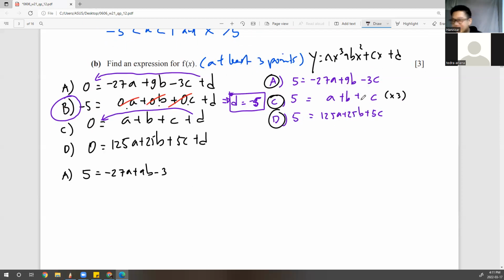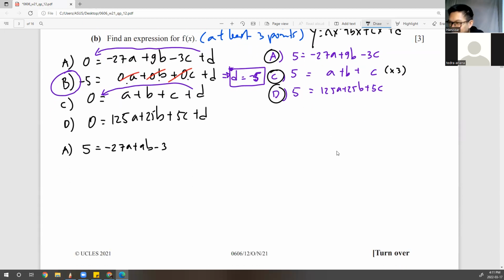My goodness. Okay, so you may use a calculator, but you cannot skip these steps. So do it slowly, and then equation C times 3, right? So 15 equals 3A plus 3B plus 3C, right? Okay, I forgot to put C here.